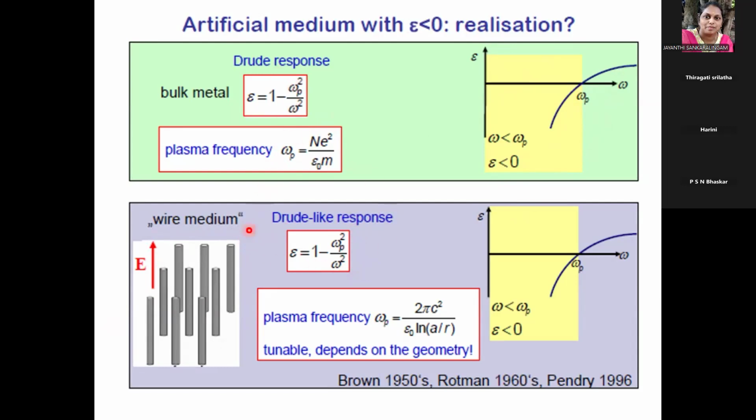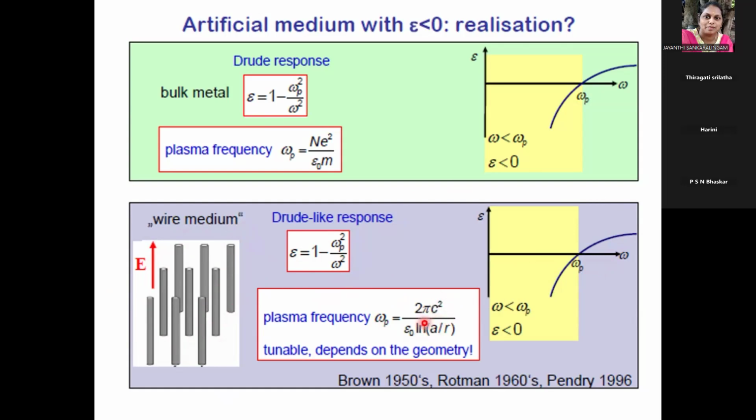We are going to simulate the Drude-like response by using this combination of wires. So at a particular frequency less than the plasma frequency omega p, epsilon will be negative. For frequency omega greater than omega p, epsilon is going to be positive. This omega p is decided by the arrangement and the dimensions of this wire medium.